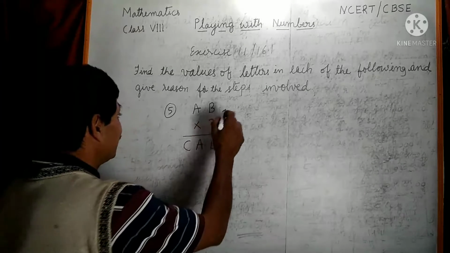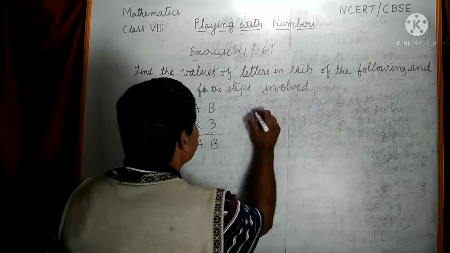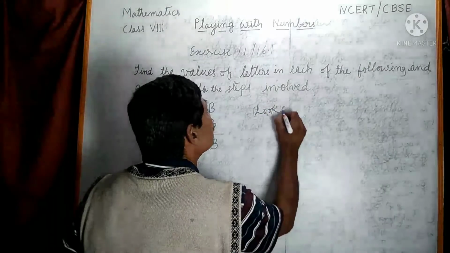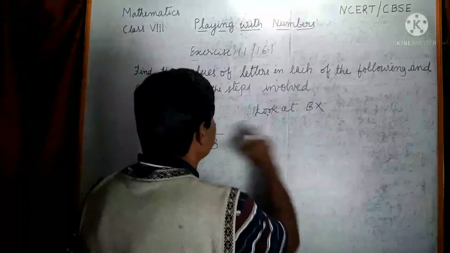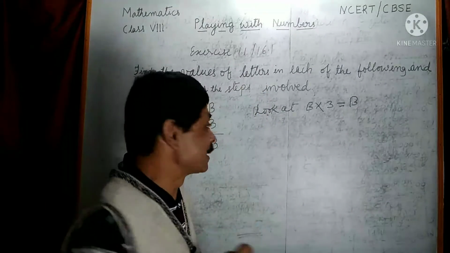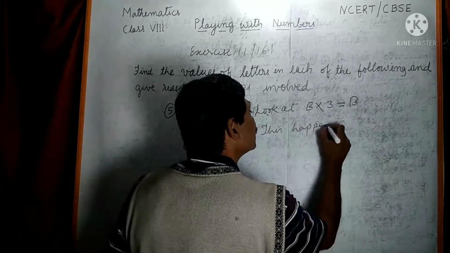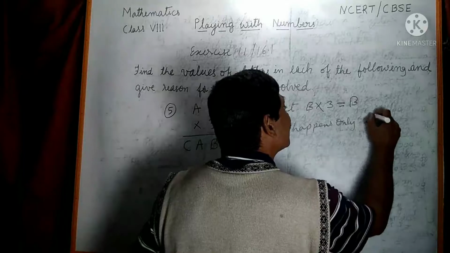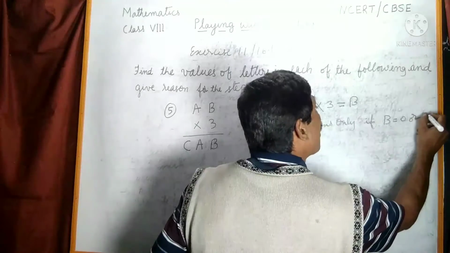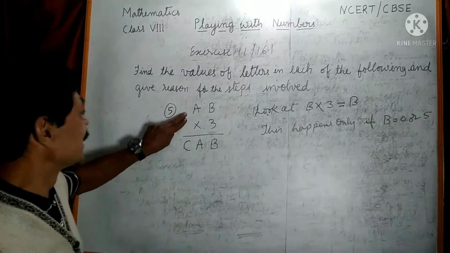So that we have to find value of A, B and C. Now when we look at B into three is equal to B. This happens only if B is equal to 0 or 5. Now first let us substitute B is equal to 0 in the puzzle.